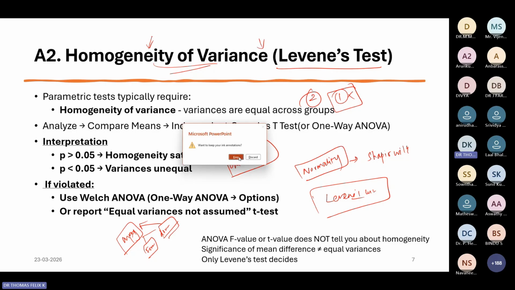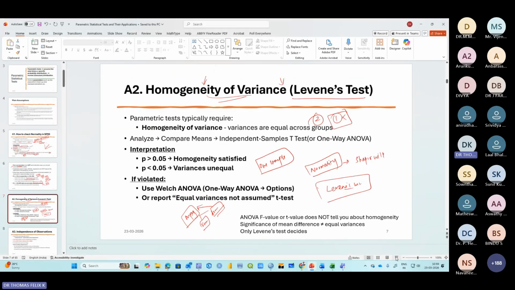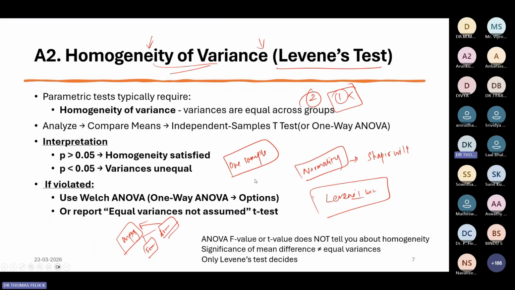Before showing how to do this checking, generally two ways are there. In SPSS, to check the homogeneity of variance, either we go for the ANOVA test or we use the t-test.